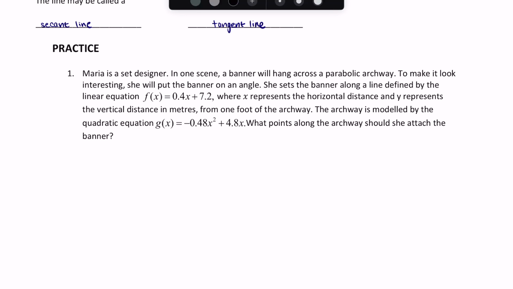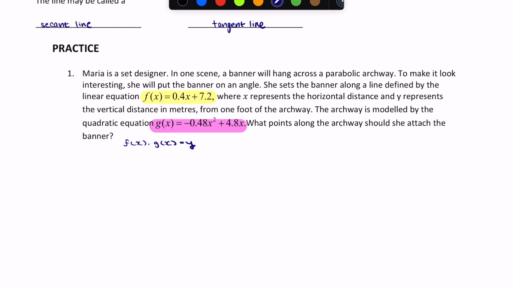So we see that we have two equations. We have f of x being our linear equation, which is 0.4x plus 7.2, and g of x is equal to negative 0.48x squared plus 4.8x. Here we can write that f of x and g of x are equal to y.